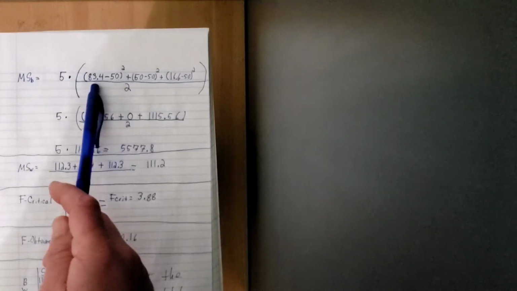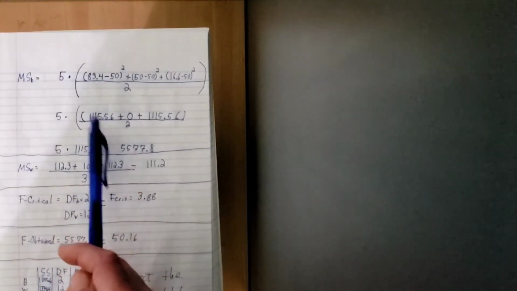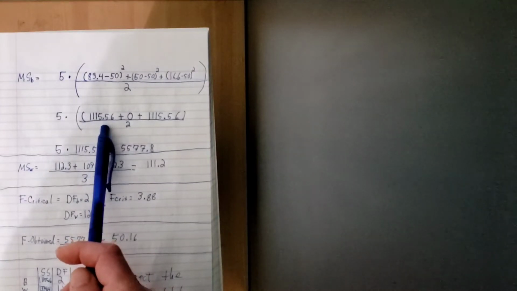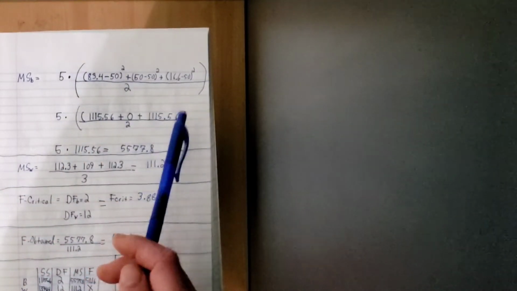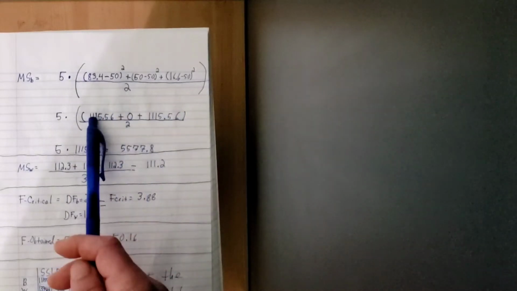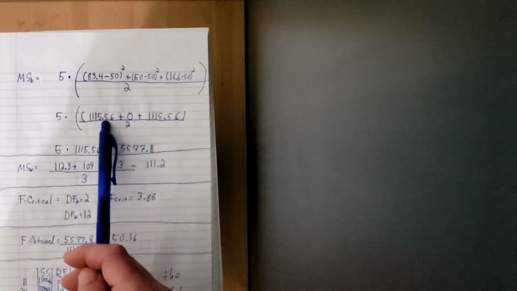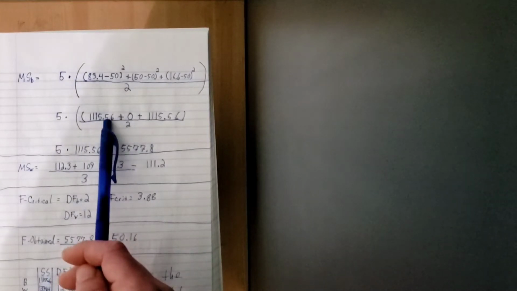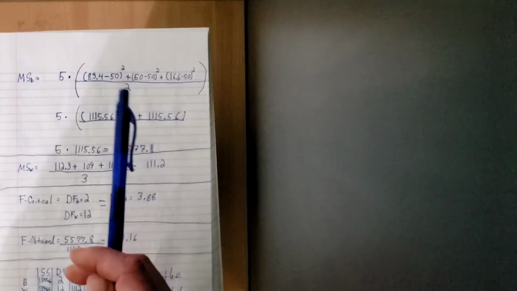So here, the first mean is 83.4 minus 50, squared, equals 1115.56. 50 minus 50 is 0, 0 squared is 0. And 16.6 minus 50, squared, equals 1115.56. They just happen to be the same number. Okay. Now, what you do is you take 1115.56 plus 0 plus 1115.56, divided by 2.